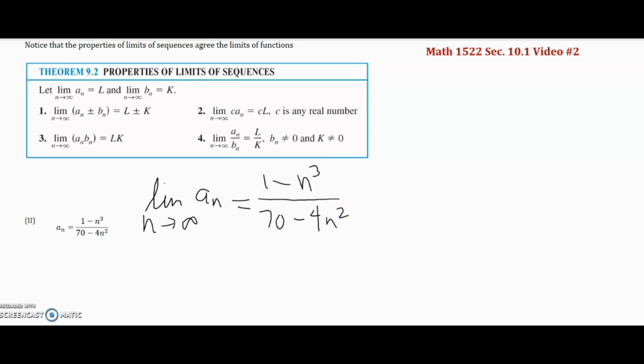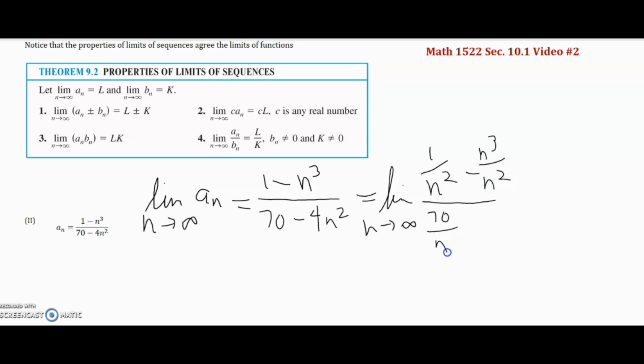If I do that, I'm left with 1 over n squared minus n cubed divided by n squared. On the denominator, I have 70 divided by n squared, and I have a 4.